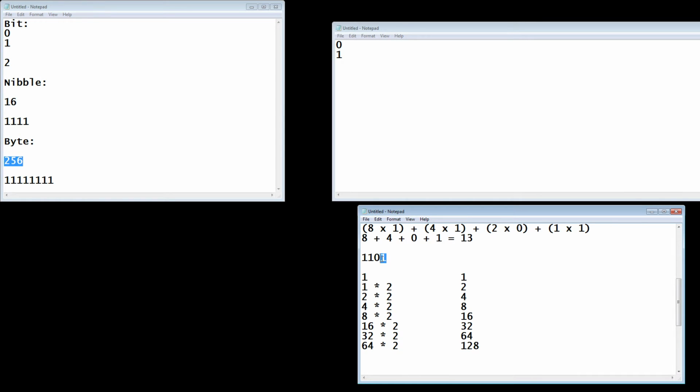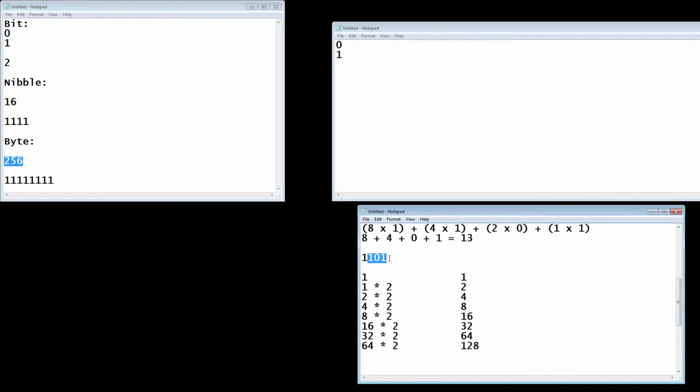It's a 1's place, so 1, and then 0 multiplied by 2, which is 0. And then this is the 4's place here. So 1 multiplied by 4.